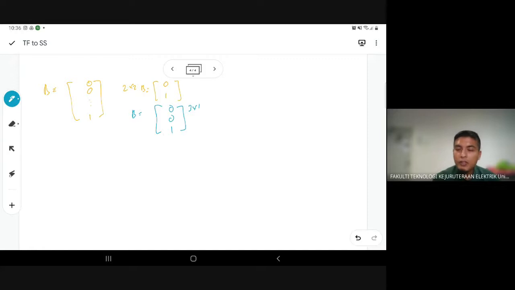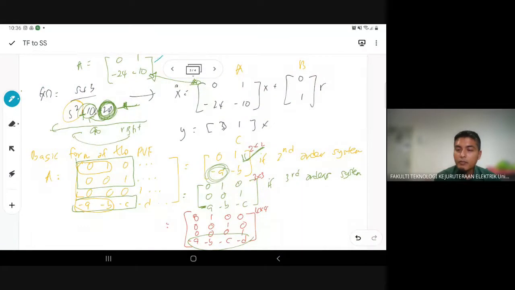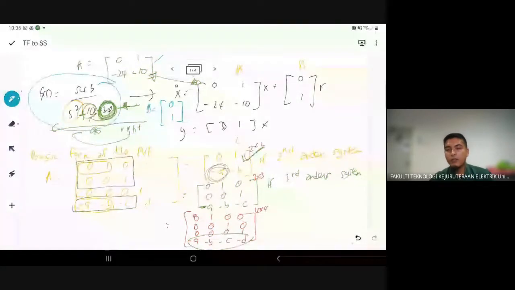If your system is 4 by 4, your B will be 0, 0, 0, 1, which is 4 by 1, for the order of the system. So if your system is second order, your B matrix will be 0, 1 by default.